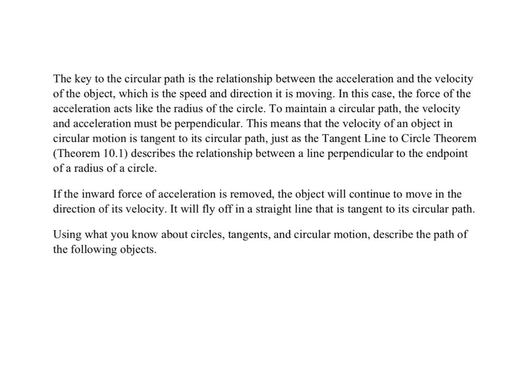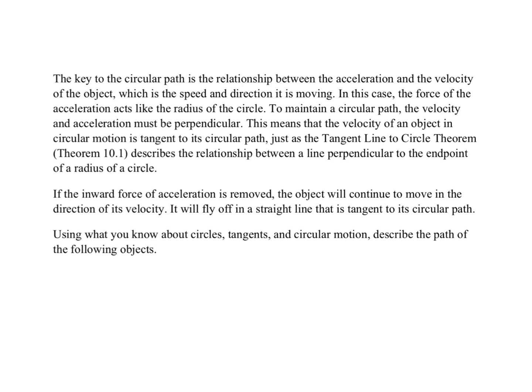If the inward force of acceleration is removed, that object will continue to move in the direction of its velocity. So again, if you take away that inward force, that object is going to fly off in a straight line, tangent to a circular path.